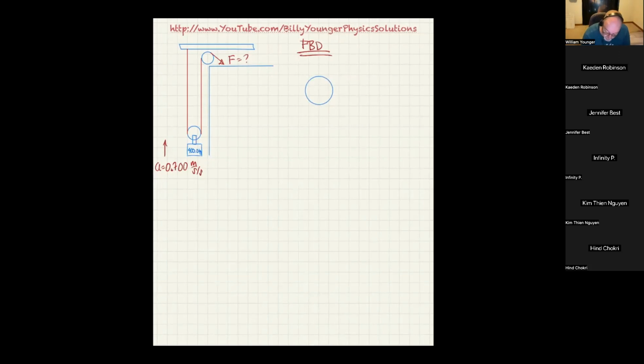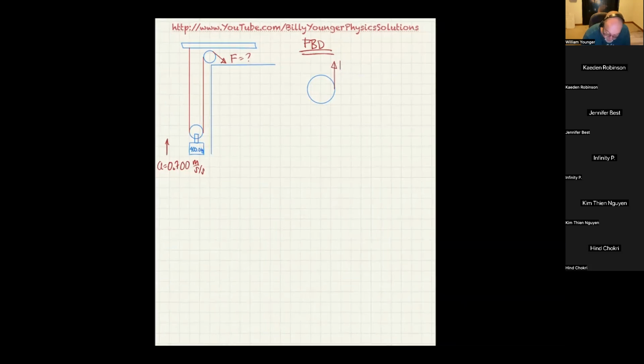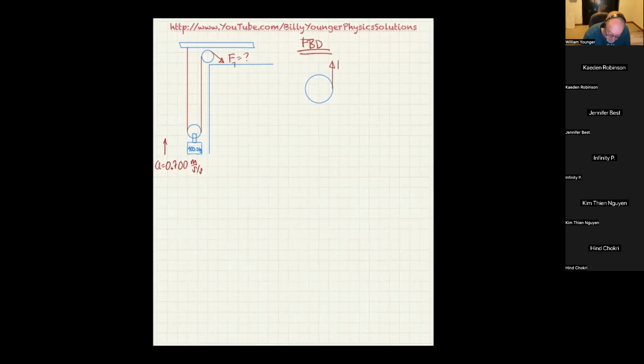Now, on the right-hand side, there's going to be a tension pulling up. Let's call that F sub T. We'll make that for both of them.